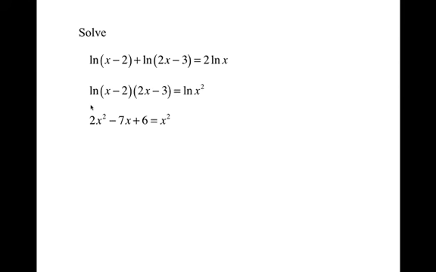By making this the exponent of e on both sides, and so they cancel out. So then I have something like this, and I've eliminated the natural log, and now it's just straight algebra, and I can get something like this.